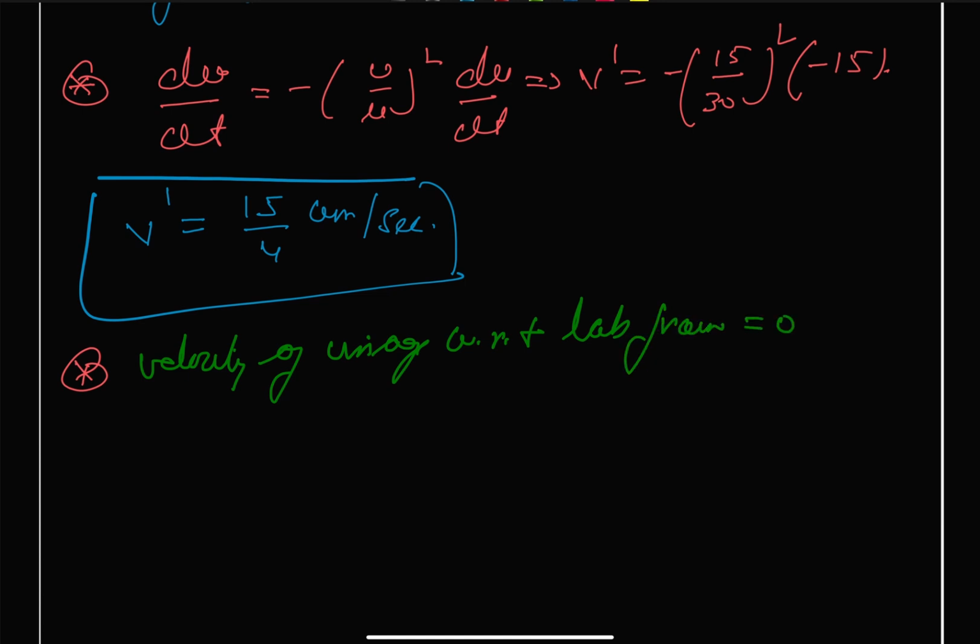Therefore, we can write that Vi, which is equal to V prime plus Vm, will be equal to 0, and we substitute the value of V prime, which we just found out.